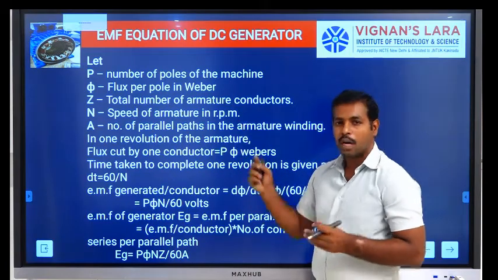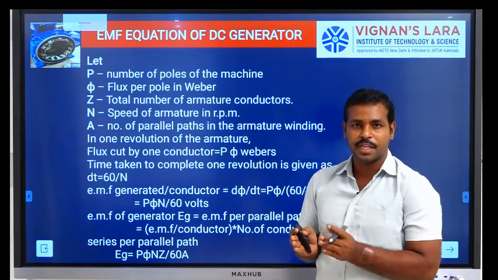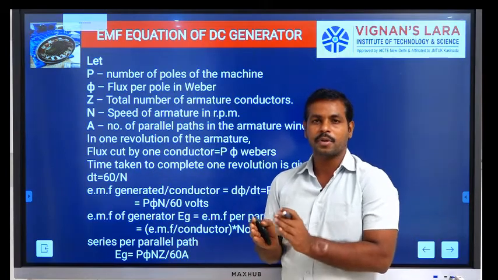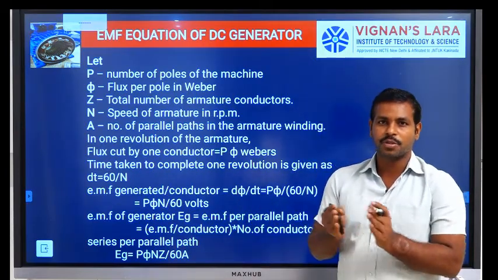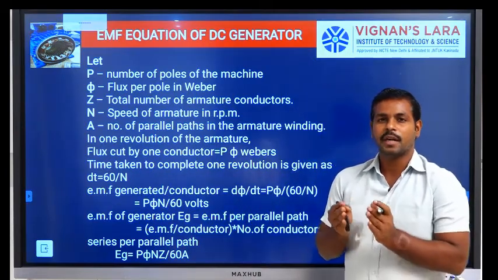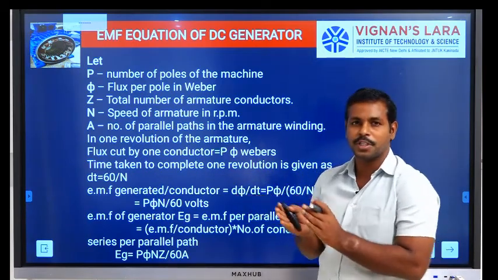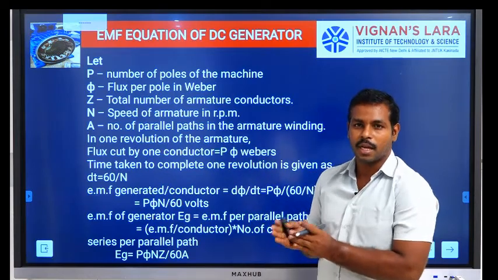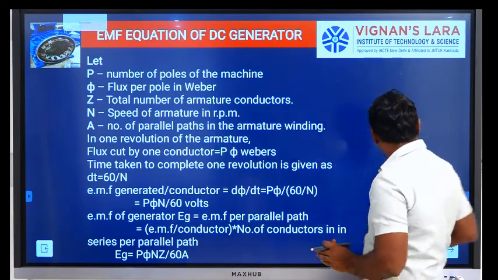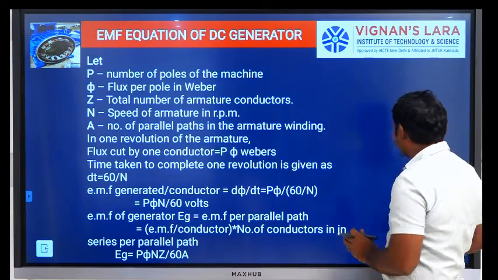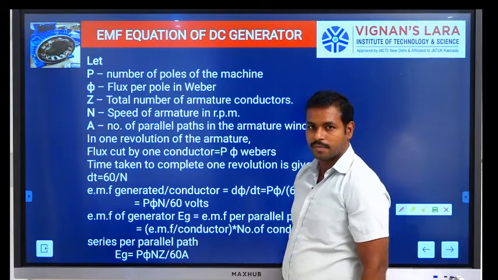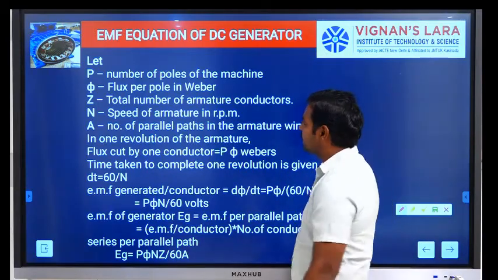So how much EMF is generated when rotating continuously at, say, 1500 RPM, depending on the number of poles? So here we use the EMF equation of a DC generator.